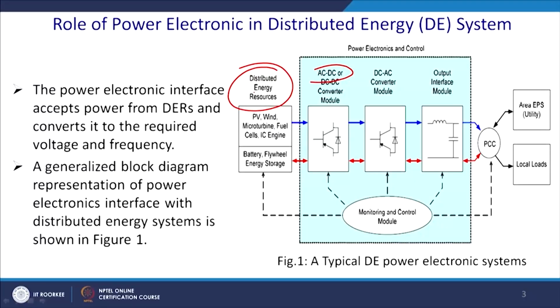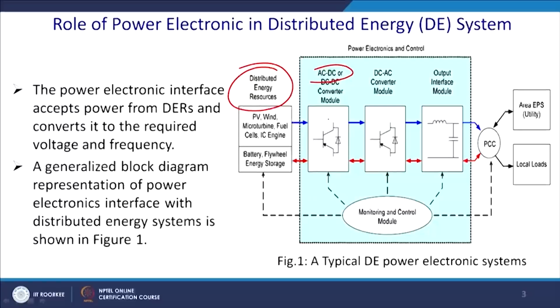AC to DC converter, if the input is variable AC, you convert it into DC, and if the input is variable DC, for example your solar, it will change its output voltage and current depending on the irradiation and the temperature. So, for this reason we require a DC to DC or AC to DC converter. Thereafter, essentially you require a DC to regulated AC converter, and generally these are PWM converters, and thus you will be injecting a lot of harmonics into the system, and there are topological advancements here also.